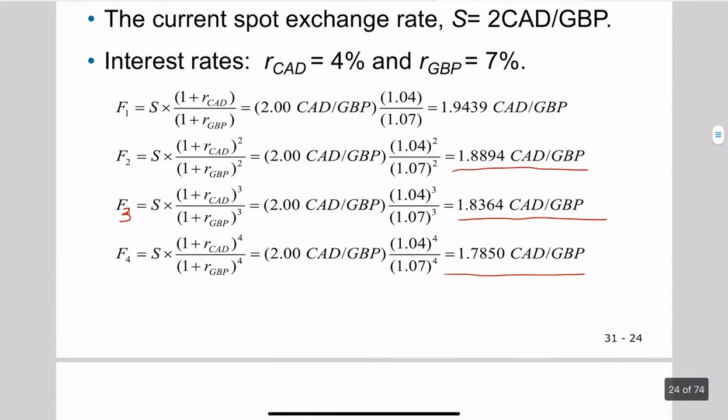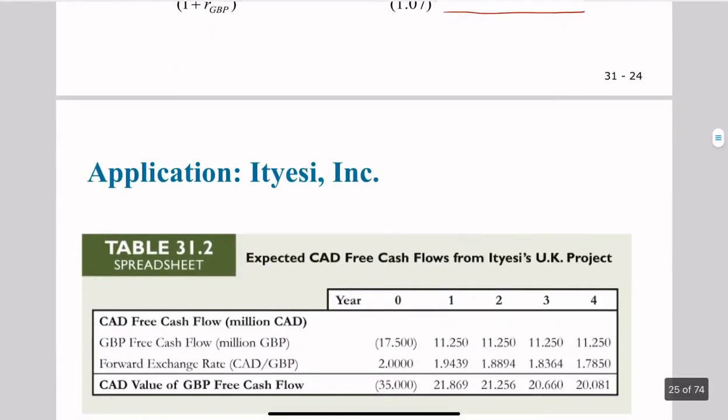Okay, so after getting these 4 forward exchange rates, we can use these 4 different forward exchange rates to convert future cash flows in British pounds into cash flows in Canadian dollars, right?